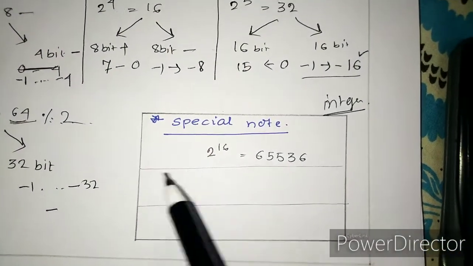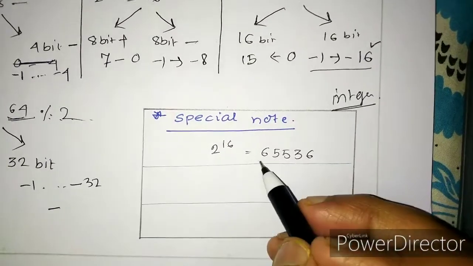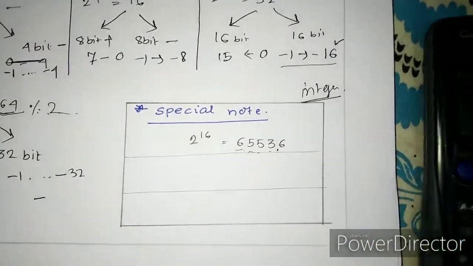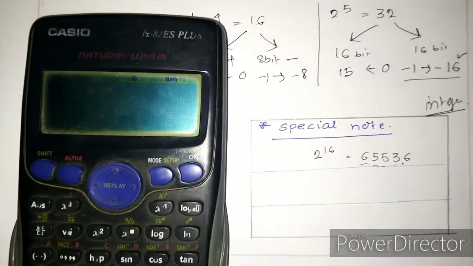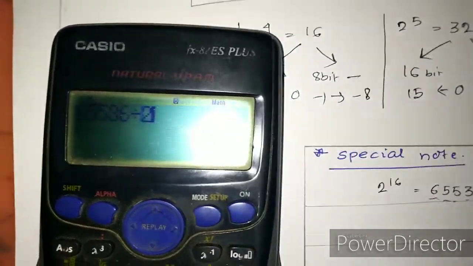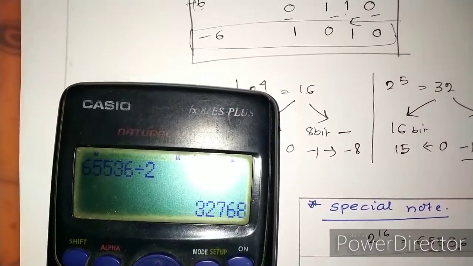In today's computers, most of them are using a 16-bit data bus. It means 2 to the power 16, 65536 combinations will be there. So what is the half of 65536? Dividing by 2 gives 32768.